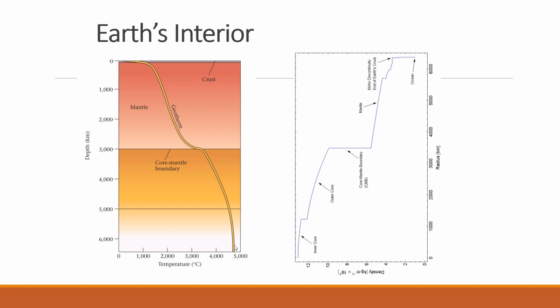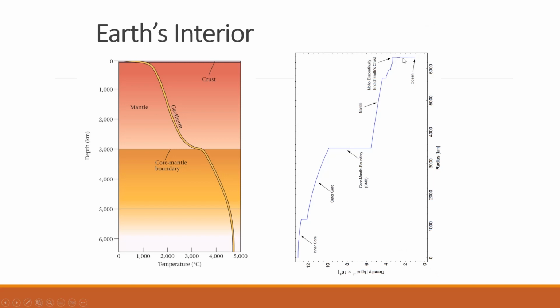We can also look at how density changes. So this chart, which I have on its side so that we're going from shallow to deep, is showing us how density increases. So we're increasing density going this way with depth.